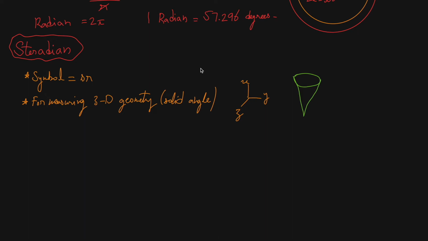So the steradian comes from taking the area of a sphere, which is equal to the square of the radius of that sphere. In 2D we have a circle, in 3 dimensions we have a sphere. So let's roughly draw a sphere here.